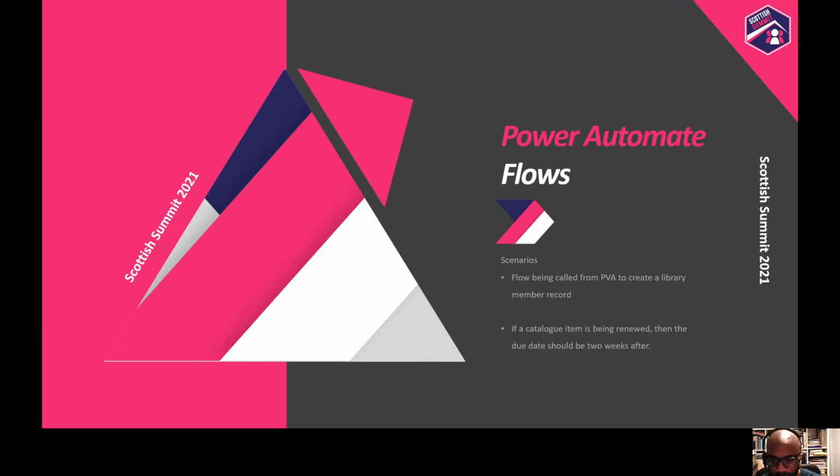For the Power Automate flow, as I said, we're going to call the flow from the virtual agent. And that will create a library member inside of our model-driven app, or inside of our database. And then we're also going to do another flow that says that if the book or item is renewed, then the due date should be 2 weeks after that.